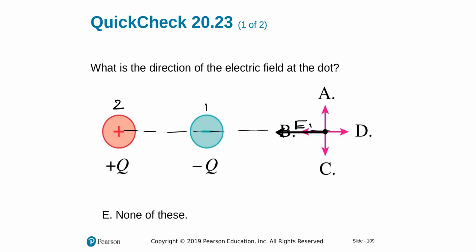Plus will apply an electric field away from itself. Let's draw that green maybe. But it will be smaller than E1 because it's farther away. Significantly smaller because it's about twice farther away. But overall, when I add these two vectors, my total vector will be to the left, right? Because the left vector is larger, and the answer will be B.